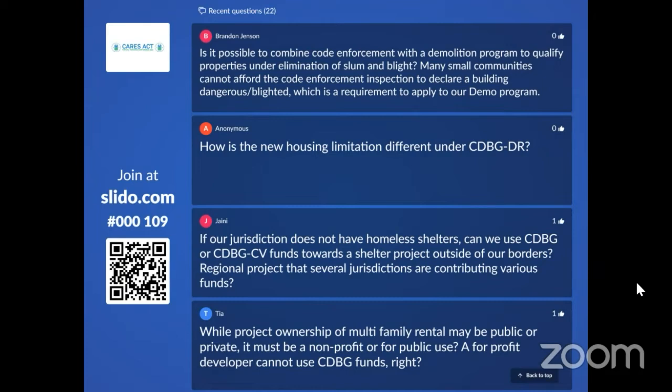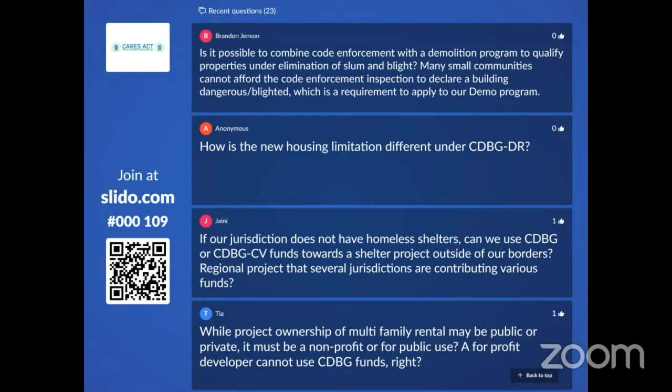Okay, combine code enforcement with demo. Okay, demo. If you're doing, let's say, okay, we're going to look at this twofold. You can't combine code enforcement with anything first.